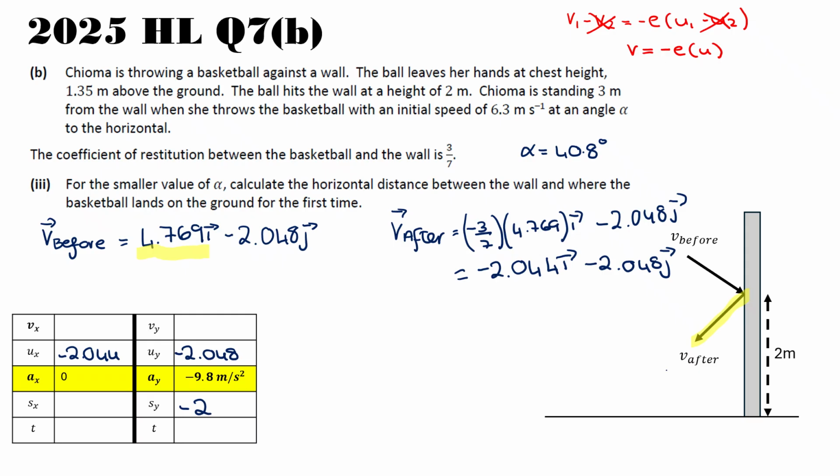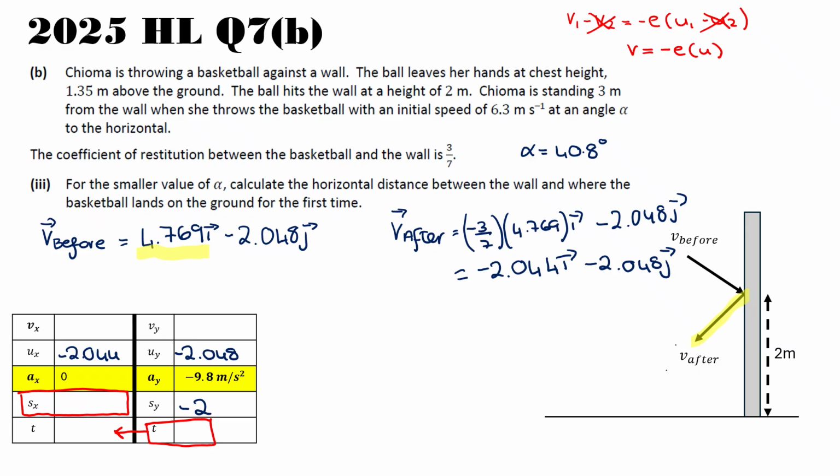And we want to find the horizontal distance, so this is what we're looking for: s x. Again we're kind of stuck working with two points, so the easiest way to do this is we'll work in the y direction and figure out our t. Once we know our t, we plug our t into the y direction and our x direction, and then we'll be able to work out s x.